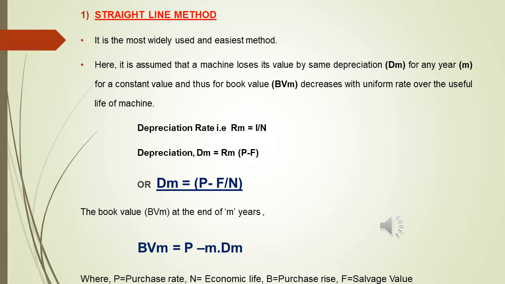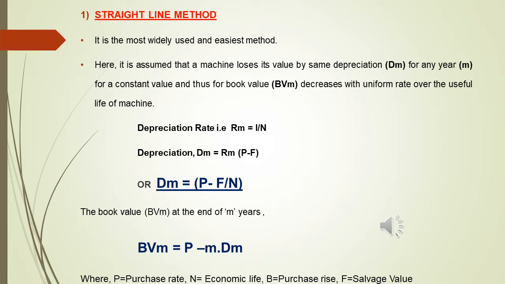Here the depreciation rate, RM, is given by 1 by n, and depreciation DM is given by RM into (P minus F). Since you know RM is 1 by n, I'll substitute it in the second equation.